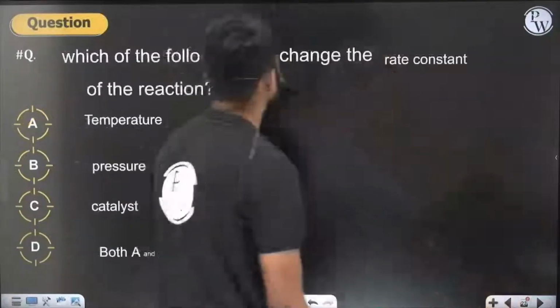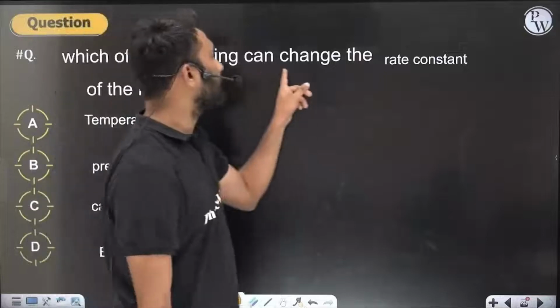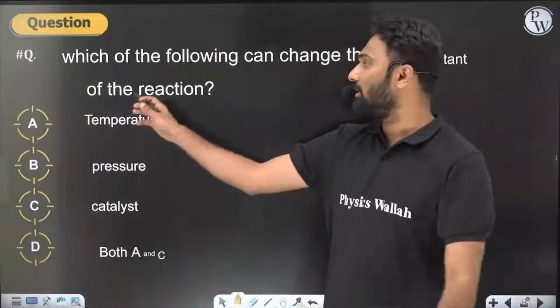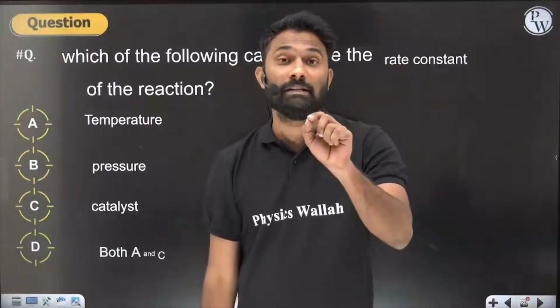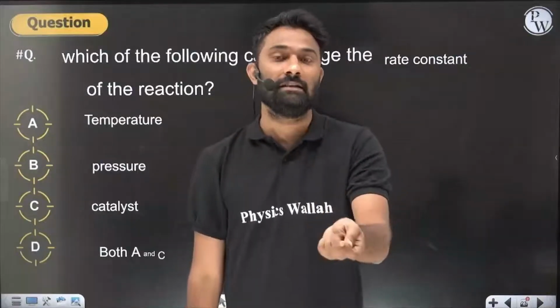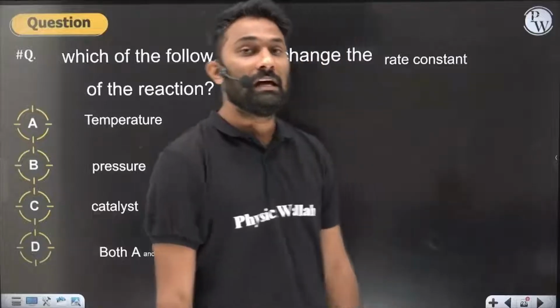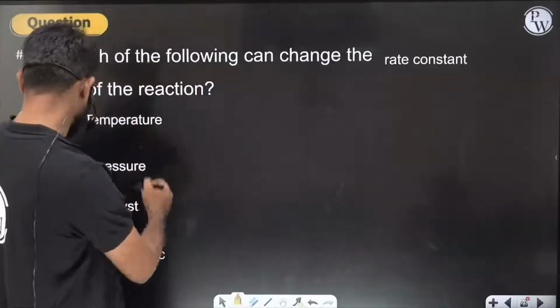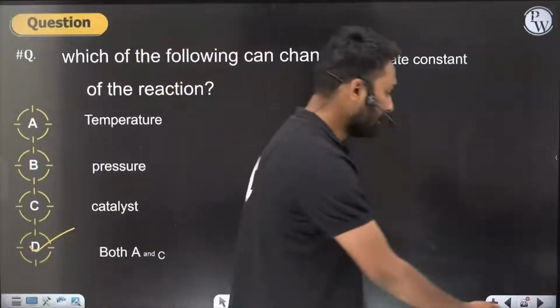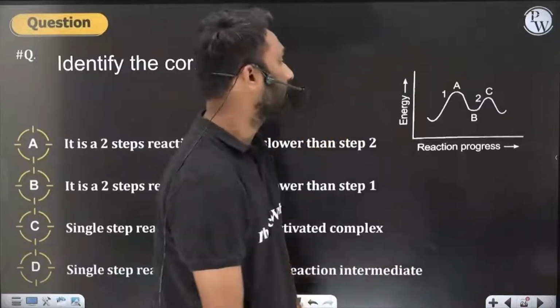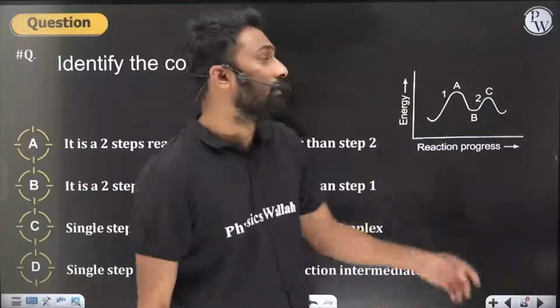Next. Which of the following can change the rate constant of the reaction? The rate constant of the reaction will change only when the temperature is changed and the catalyst is added. Means option both A and C. Okay. Next question. Identify the correct one from the graph.